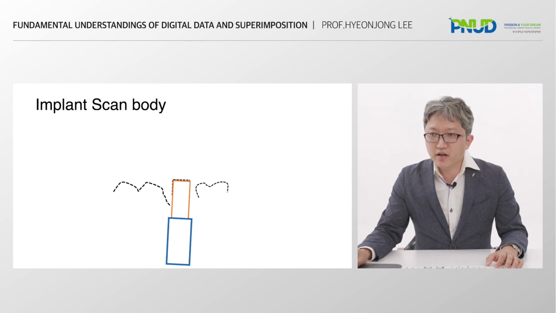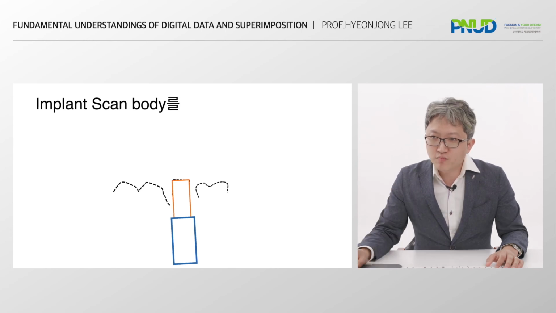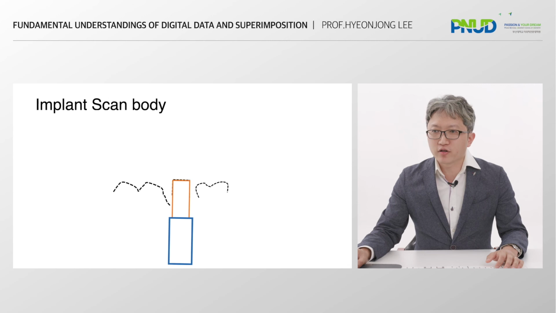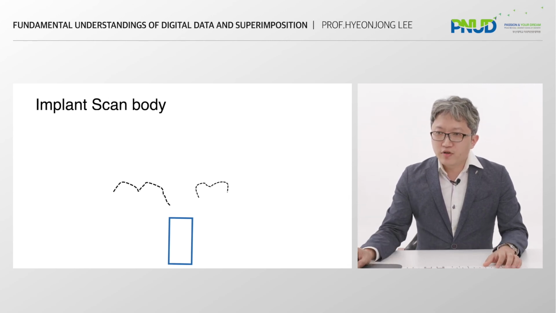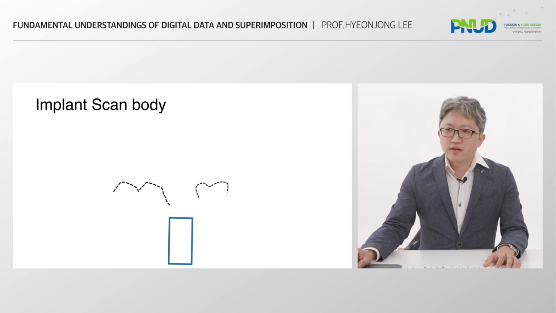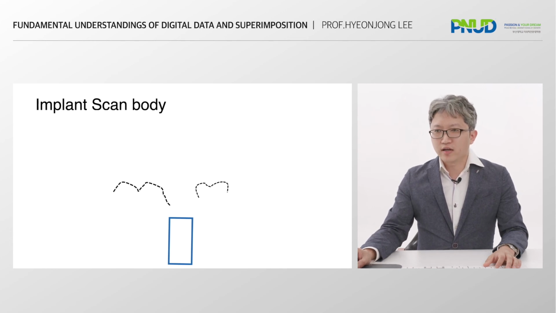If there are some errors in the scan data on the implant scan body, then this library data could be inaccurate. It's really important to take a good scan of the scan body area. After that, we can remove the scan body, and now we get the whole data of implant and tooth.